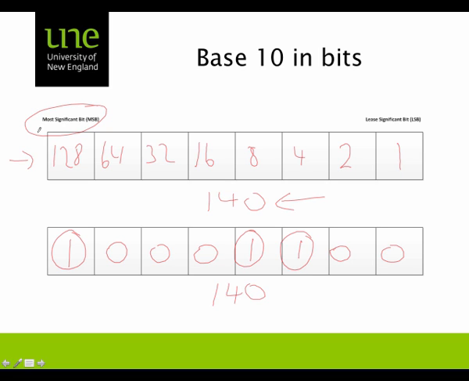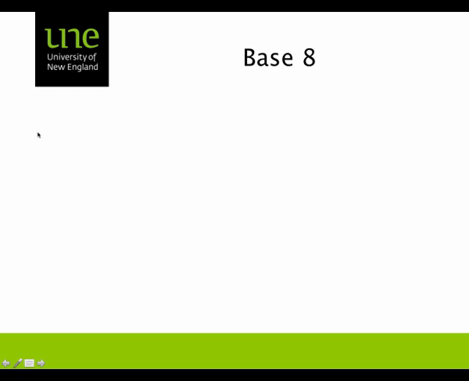Now let's look at an example of base 8. Base 8 uses the digits 0 through 7 to represent our numbers. So it'll be 0, 1, 2, 3, 4, 5, 6, 7.